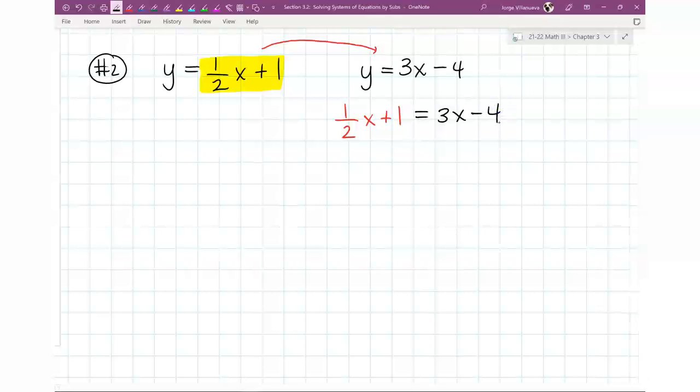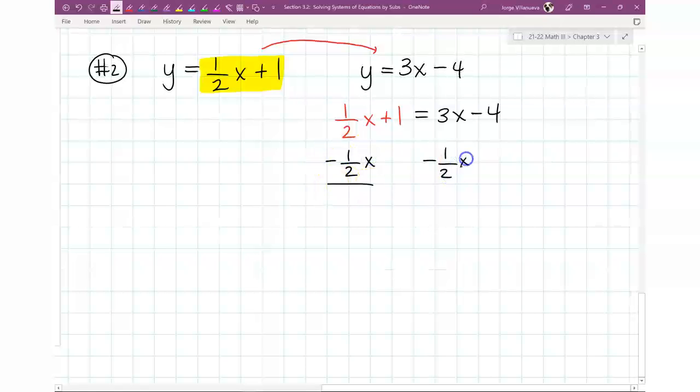Okay, so I'm going to combine my like terms, half x and 3x. Since half x is smaller than 3x, I'm going to move the half x over to the right side. So this might be good for you if you have a calculator, you can use that. Or if you just want to do it in your head. Or, think of it in terms of a decimal, right?